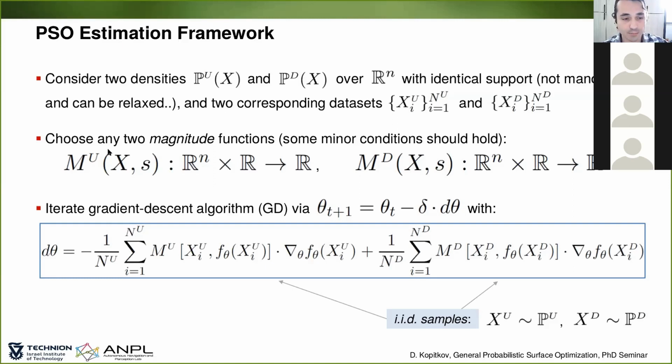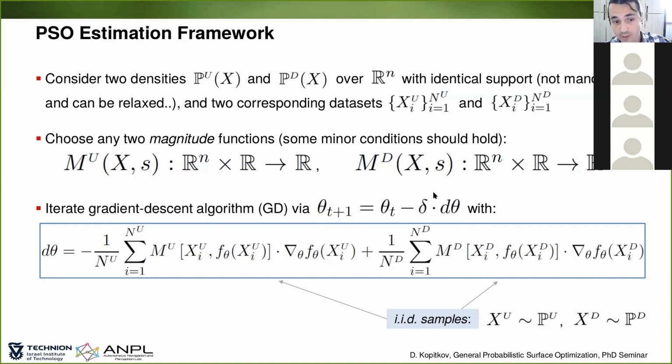And here is an important step: we are actually choosing these functions. It would be our choice that will control the convergence of the algorithm later on. And finally, let's perform gradient descent, the usual gradient descent algorithm that updates theta in the following simple way.